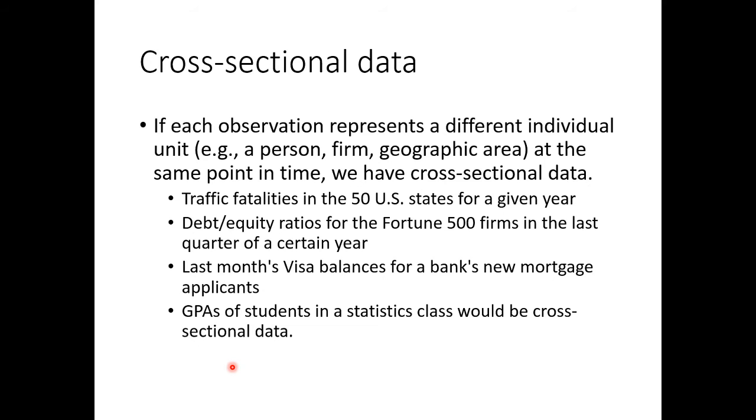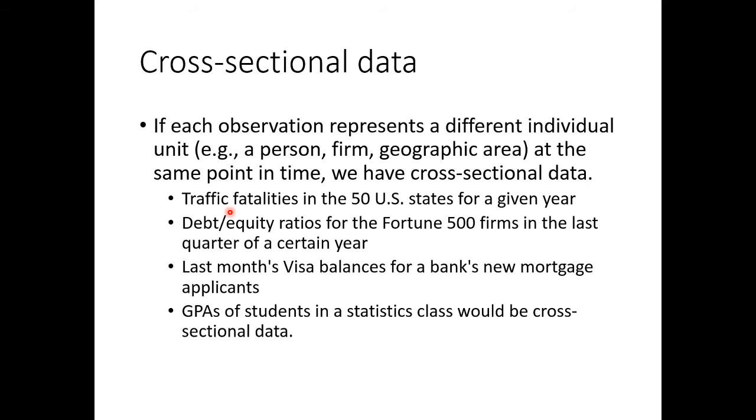Cross-sectional data is more general. Cross-sectional data also has two pieces of information provided together. The first is some value, for example, traffic fatalities in 15 US states for a given year.